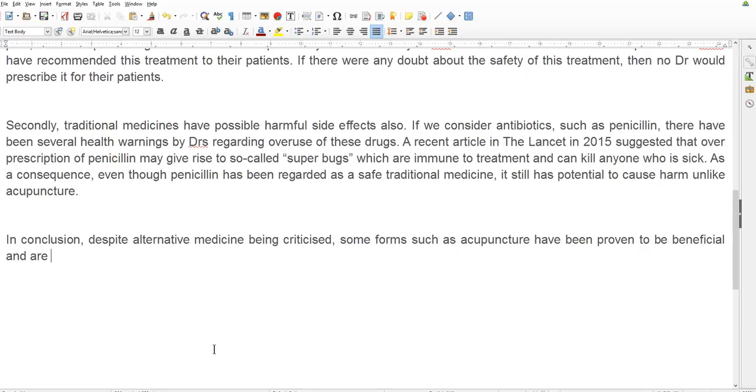And are as safe, if not safer, than some conventional treatments like penicillin. Don't want to keep using the same words.